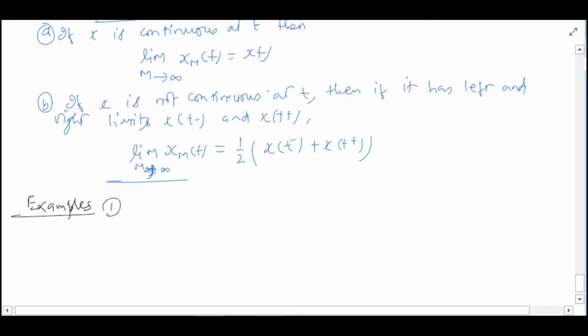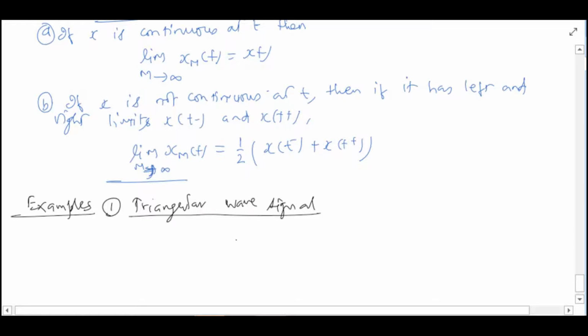Let us again go back to the triangular wave example that we saw just a while ago. Triangular wave signal. Notice that for this signal, x(t) is continuous everywhere.